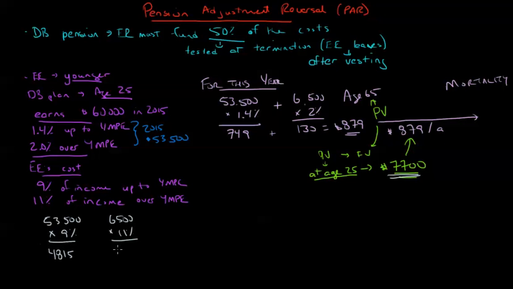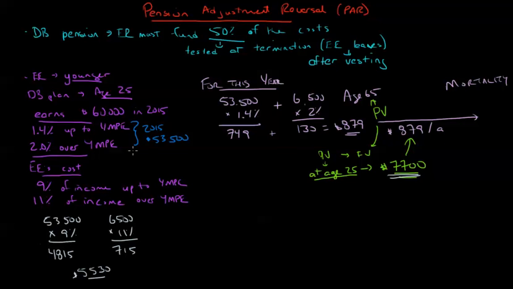And on their income over that $53,500 level, another $715. This employee has contributed $5,530 towards this obligation of $7,700, which is far in excess of that 50% limit.